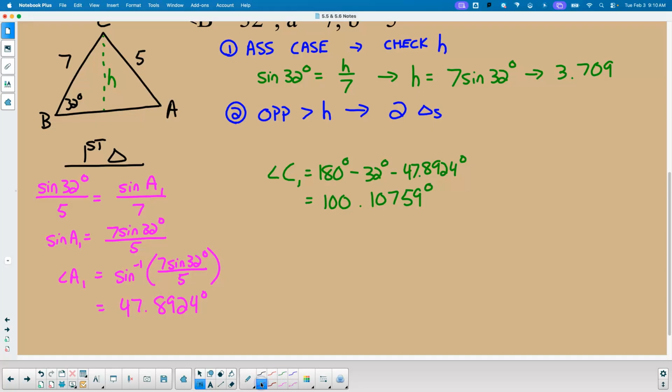Which then we can do the sine of 32 degrees all over 5 is equal to the sine of 100.108 degrees all over side C sub 1.